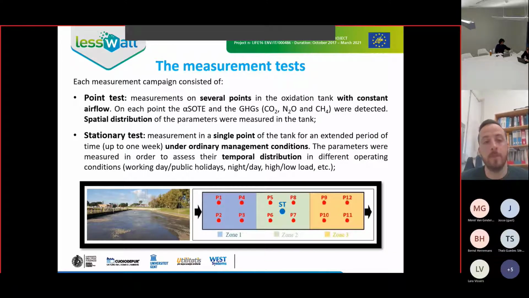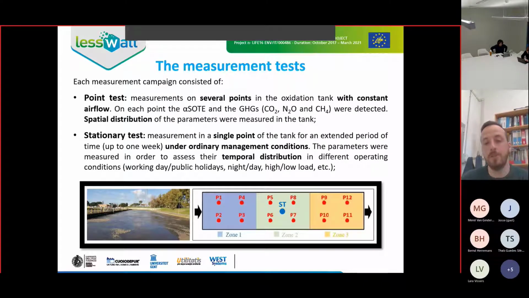The second type of test is called stationary test, and it's a measurement in a single point of the tank for an extended period of time, up to 1 week, under ordinary management conditions. So the parameters were measured in order to assess their temporal distribution in different operating conditions, such as working day or public holidays, or night or day, or during high or low load, and so on.